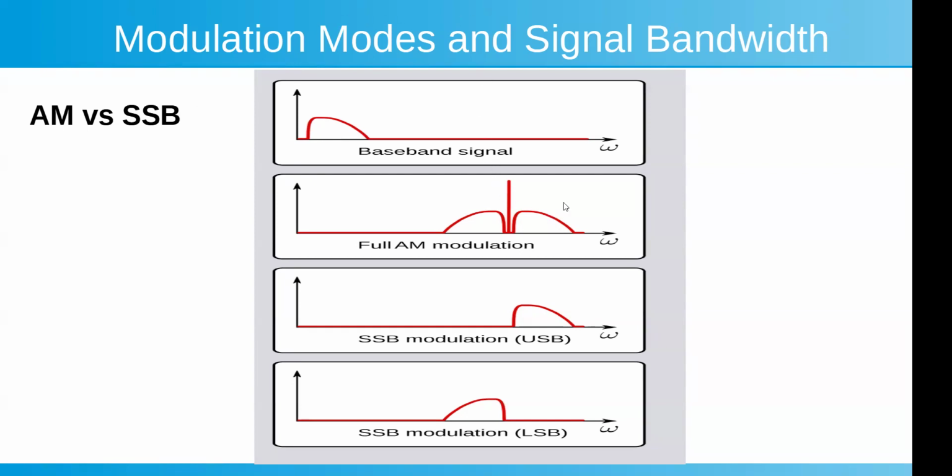The next one is full amplitude modulation, and you see in the center is your carrier frequency, whatever you're tuned to. Let's say it was 7 point something megahertz in the 40 meter band.